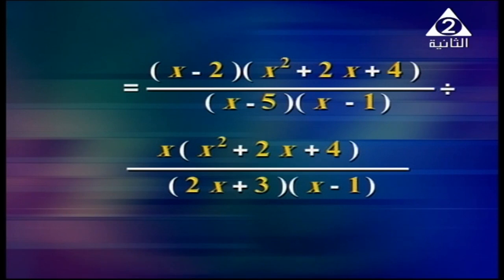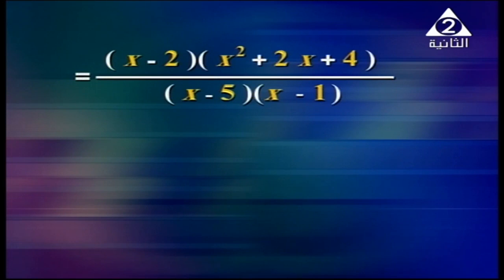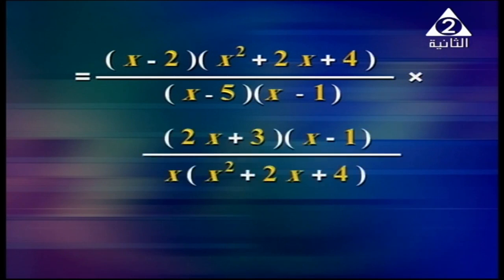Then you are going to notice that the division will be converted into multiplication and then get the multiplicative inverse of the fractional function after it. So it will be (x minus 2)(x squared plus 2x plus 4) over (x minus 5)(x minus 1), multiplied by the multiplicative inverse, which is (2x plus 3)(x minus 1) over x(x squared plus 2x plus 4).